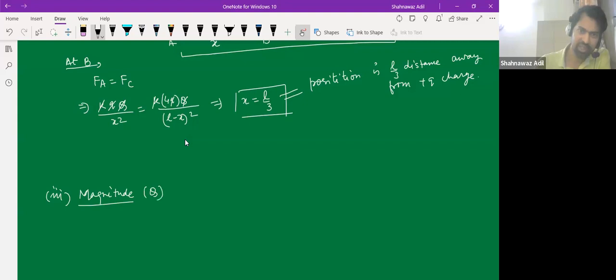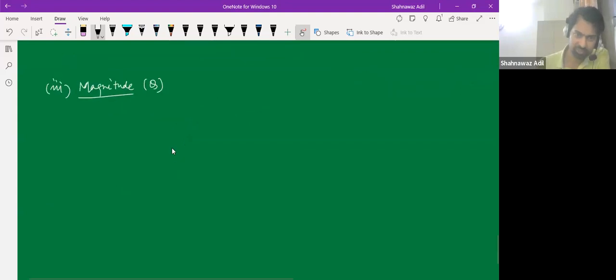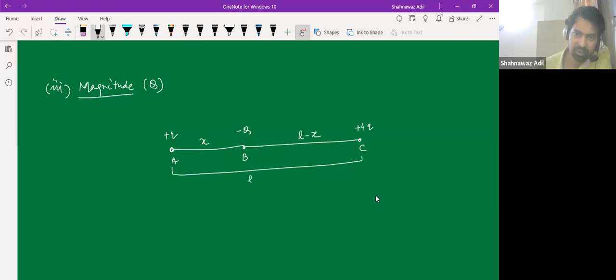So again we will use the same diagram. A, plus q, minus q, plus 4q, B, C, x, L minus x, L, right? These are the things. So we will remember what we have written at A point.